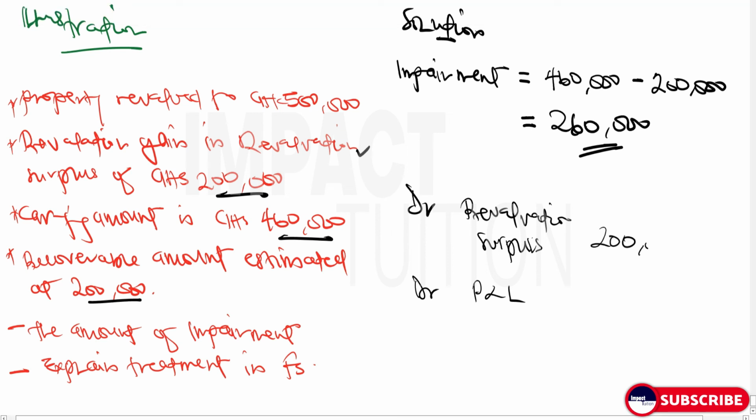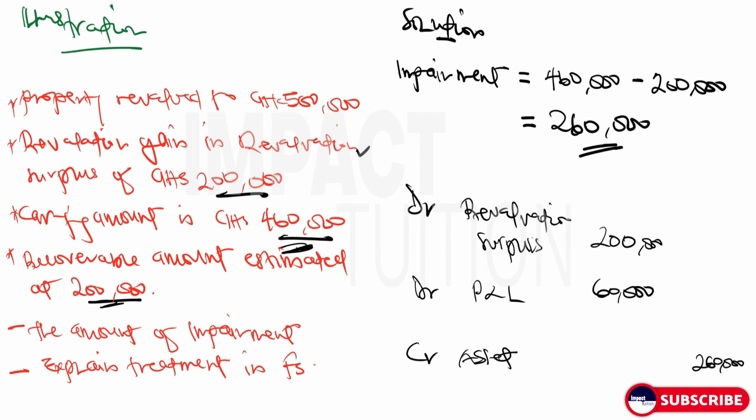Revaluation surplus 200,000, profit or loss 60,000, and then we will reduce or write down the asset. We will credit the asset or the property with 260,000 to write down the value of the asset from 460,000 to our recoverable amount of 200,000. And this is how the impairment loss will be treated in the financial statements.